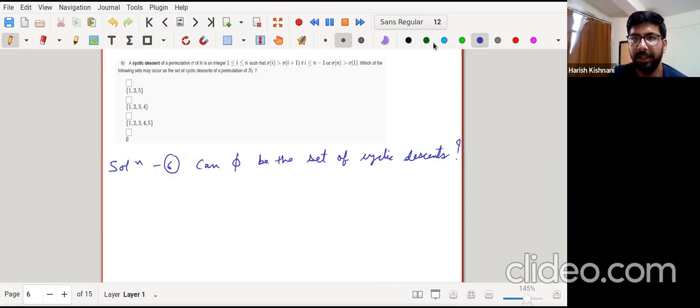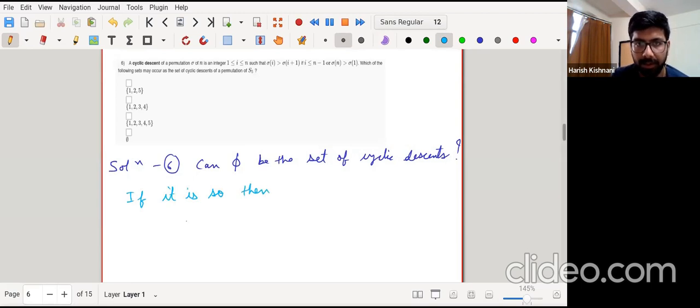Is it possible that we can have phi as a set of cyclic descents? Means nothing is a descent. So let's see. If it is so, then what?